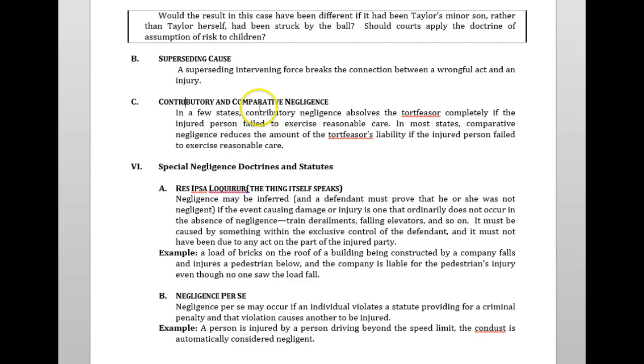If the state uses comparative negligence, then the percent of their responsibility for the injury is taken into consideration. For example, if it was 50% the plaintiff's fault and 50% the defendant's fault, the defendant would only have to pay 50% of the damages. So there's that to always be aware of.